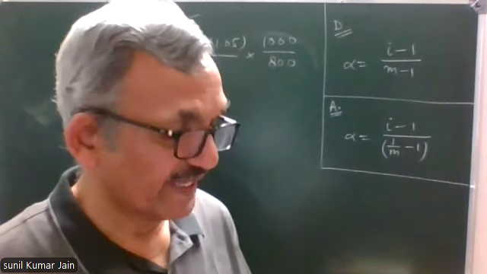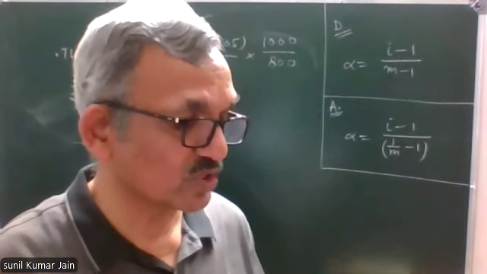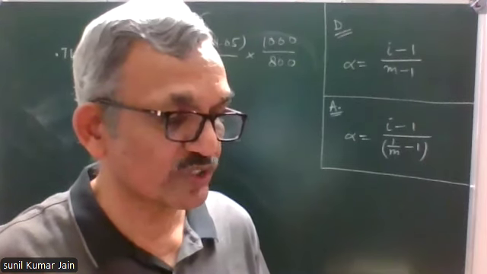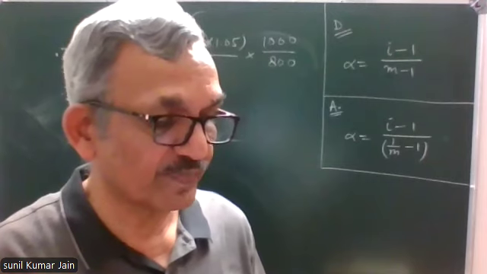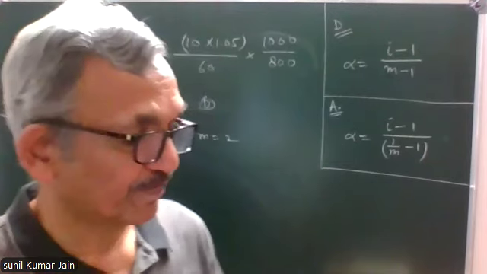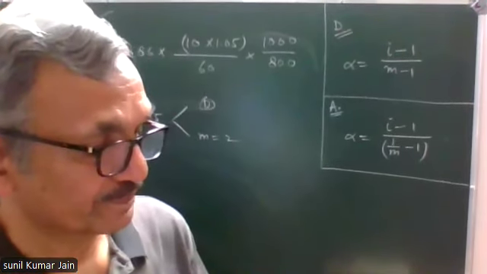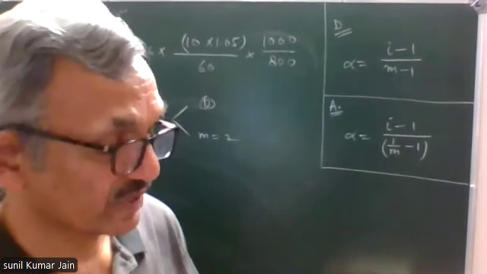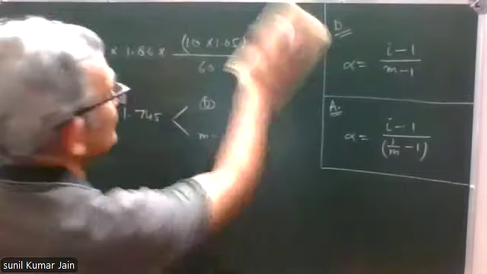Last numerical. 8.32 grams of solute dissolved in 200 grams of water is so many percent dissociated and elevates the boiling point of water by 0.24 degrees centigrade. Predict the molecular state of the solute. Kb is given.